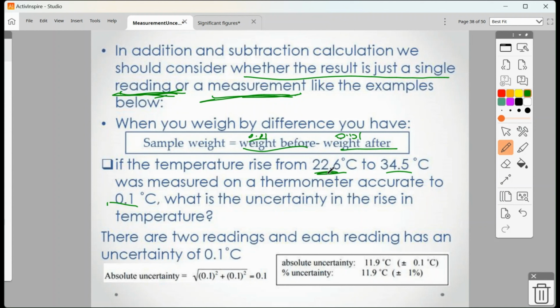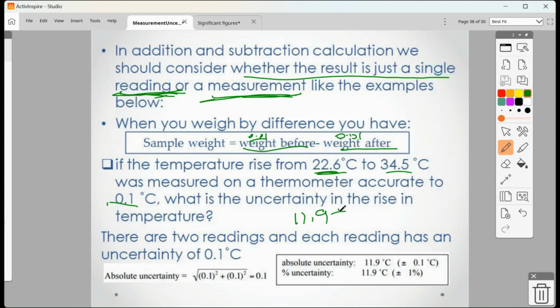So we have one uncertainty here and another uncertainty here. So we should consider this. Now we will subtract the measured values. For instance, it would be 34.5 minus 22.6. This would be 11.9.